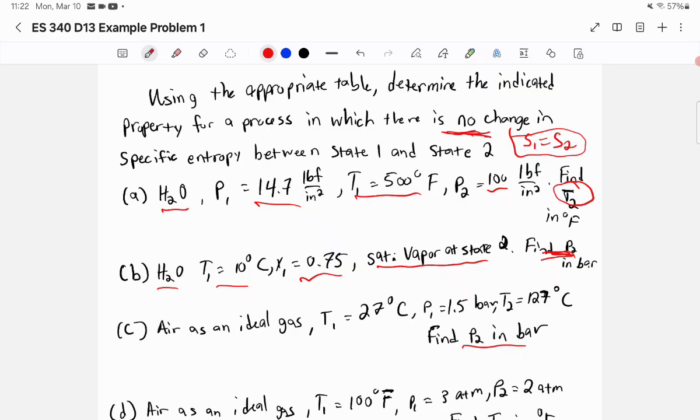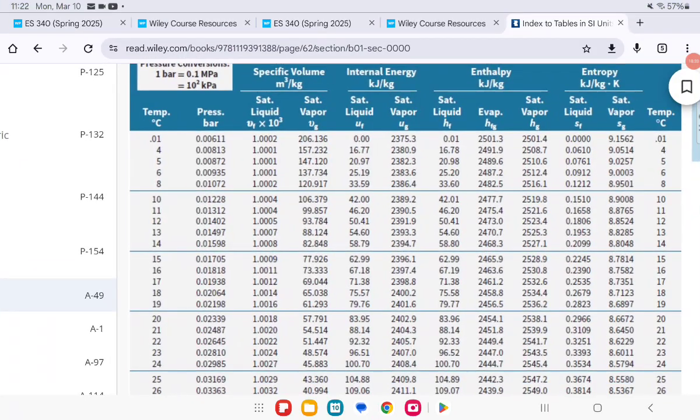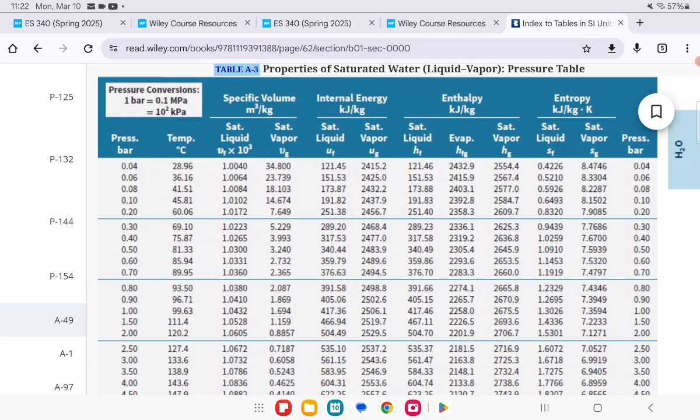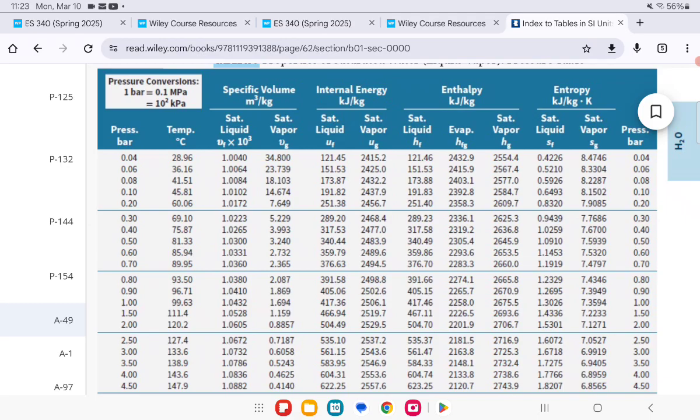So we're going to go to the pressure tables, because that's what we're looking for now. It's saturated vapor, so what I have to use is the saturated vapor value. If I come all the way to the right-hand side almost, the column right next to the pressure is the saturated vapor value, right?